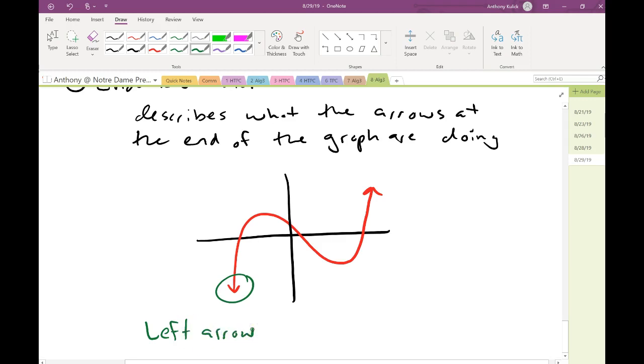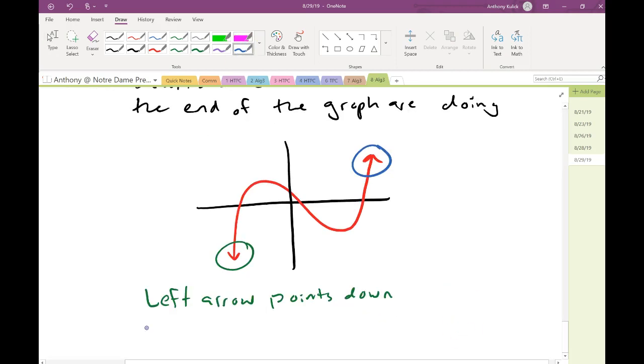Everybody agree with that? What's that arrow doing? Points down. How about this one? I'll call that right arrow, points up. Okay, so that's really easy, right? It is that easy.